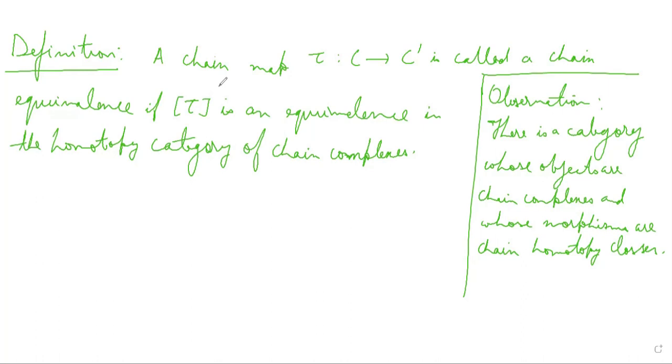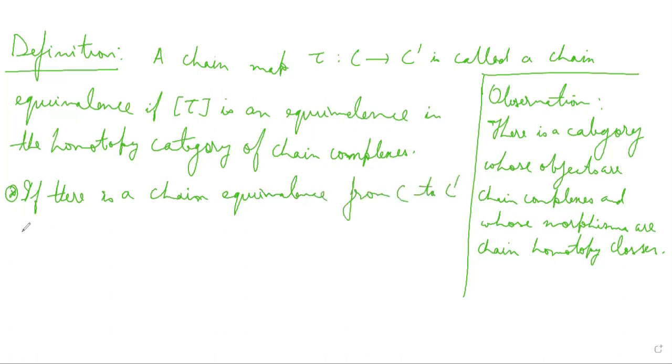Now, if there is a chain equivalence from C to C prime, then we say that C and C prime are chain equivalent.